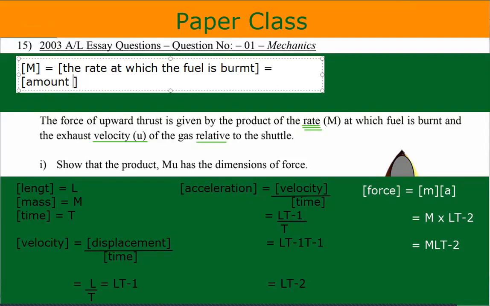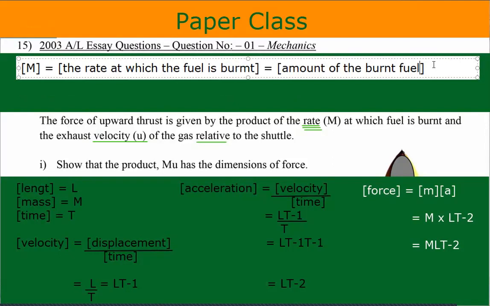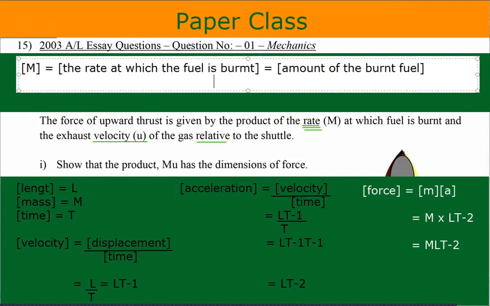Amount of the burnt fuel divided by time taken. The rate at which the fuel is burned means the amount of fuel burned per second, so the amount of the burned fuel divided by time taken.